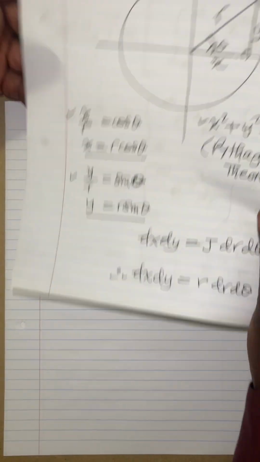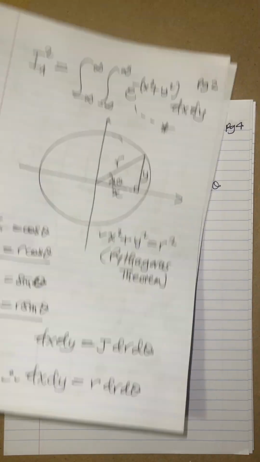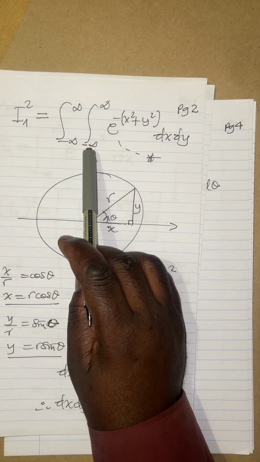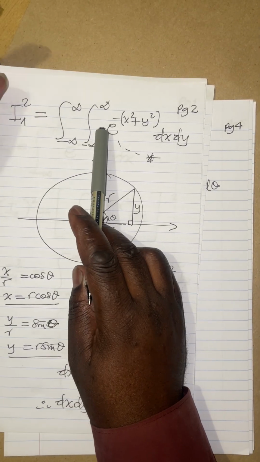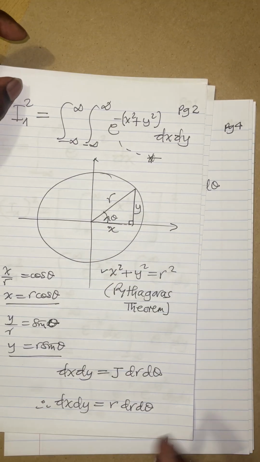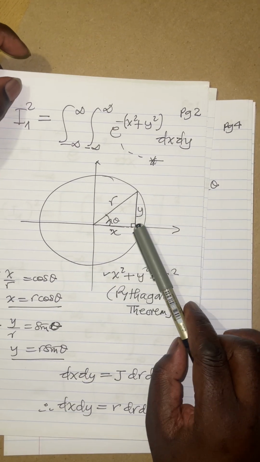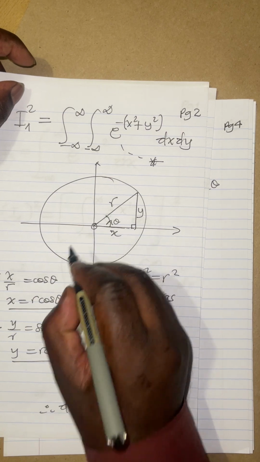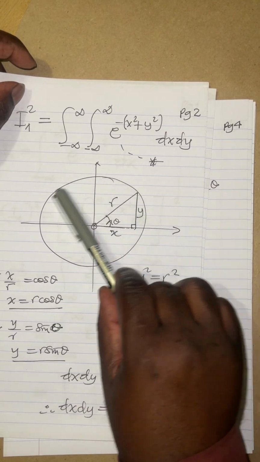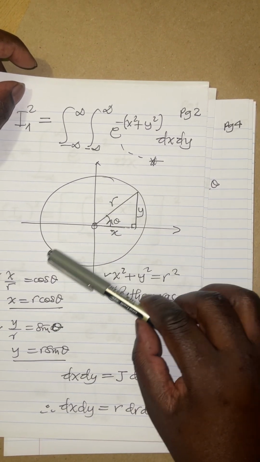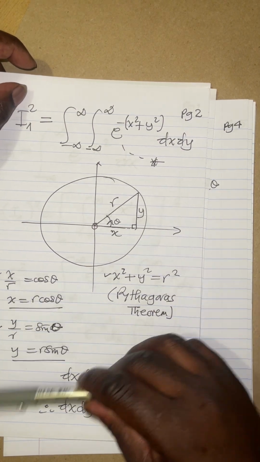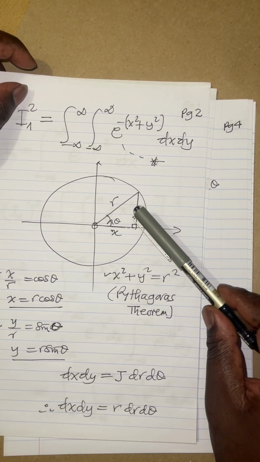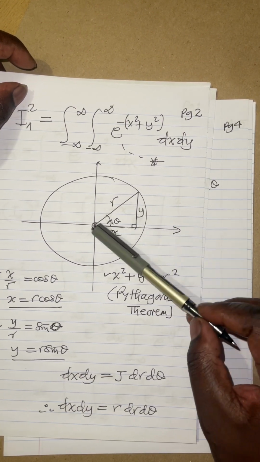Perfect. Now limits of integration. Remember, we're integrating x from minus infinity to plus infinity. But now we're talking about r. So think about r. It will have to be from 0. You'll have to extend this circle so that its radius is infinity, because we're covering the entire space. So the limits for r will be from 0 to plus infinity.